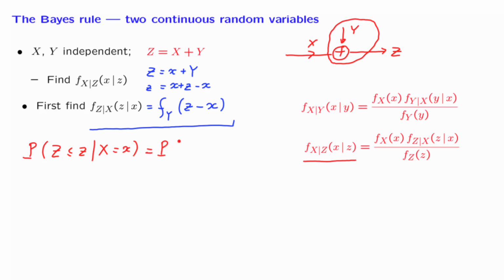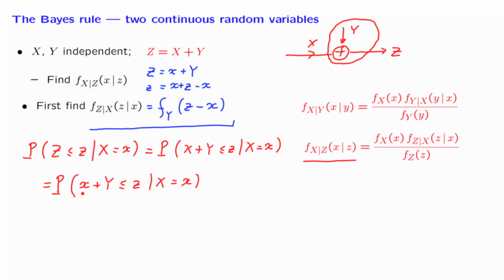Now this probability, by definition, z is x plus y. So we have this probability conditioned on x equal to little x. But if we know that capital X takes a value of little x, then this capital X here can be replaced just by little x. And we obtain this probability here.